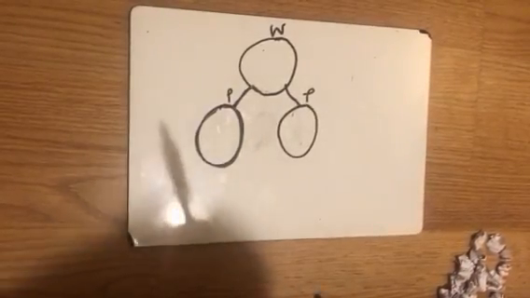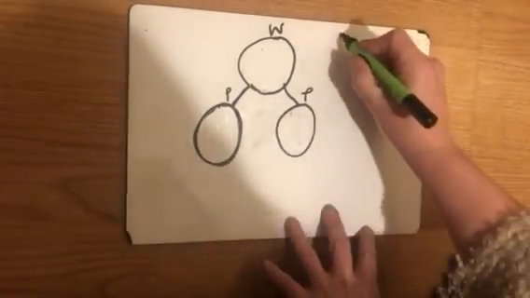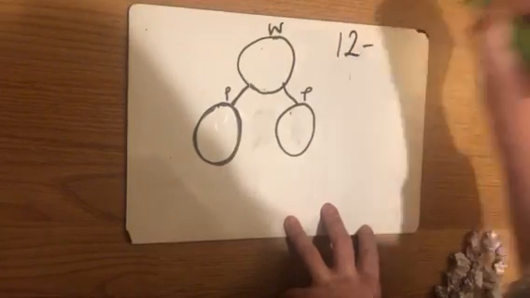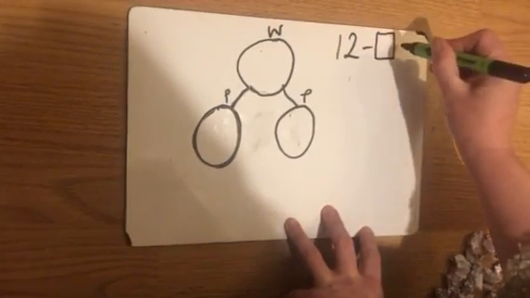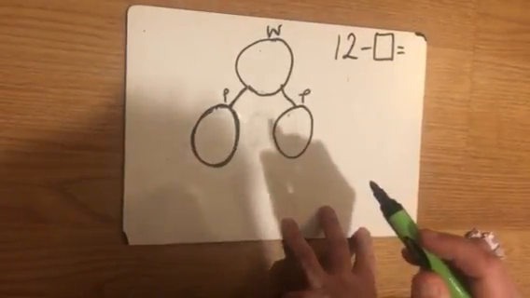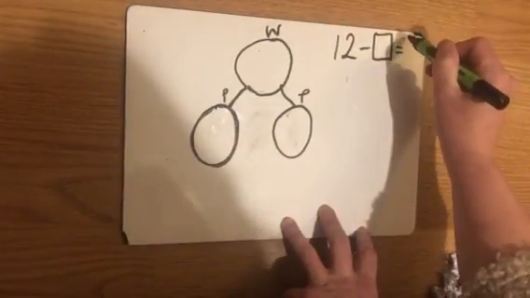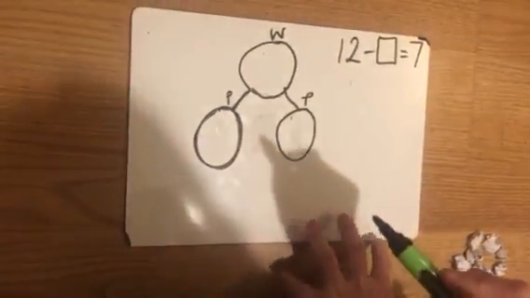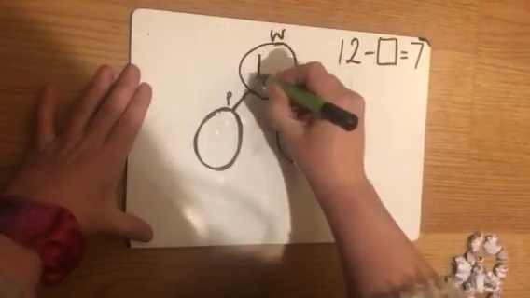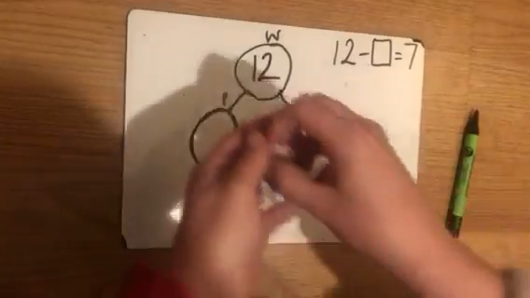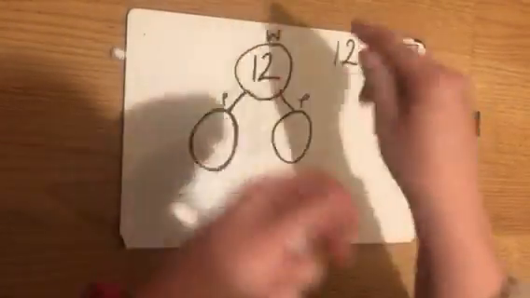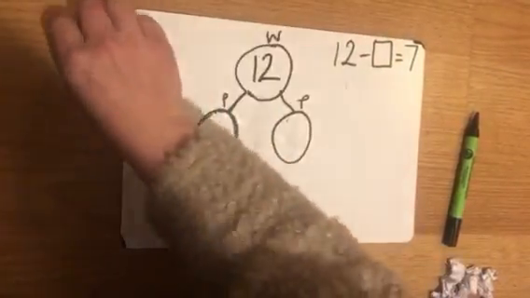Our first missing number sentence is going to be 12 take away. Now we don't know what this number is, but we know that it's going to leave us with 7. Okay, so what we're going to do is we're going to put the number 12 in here, and then we're going to put 12 pieces of scrunched up paper inside our whole.